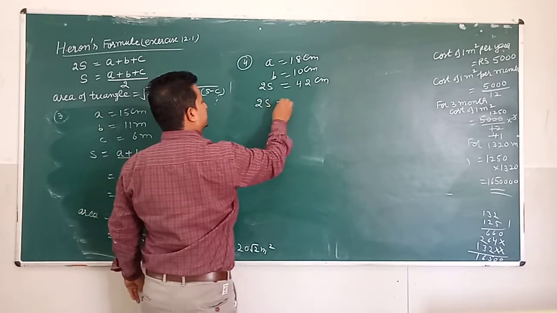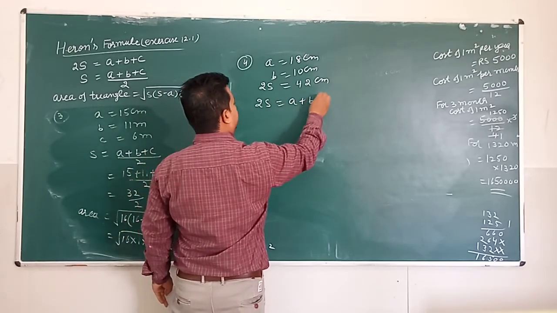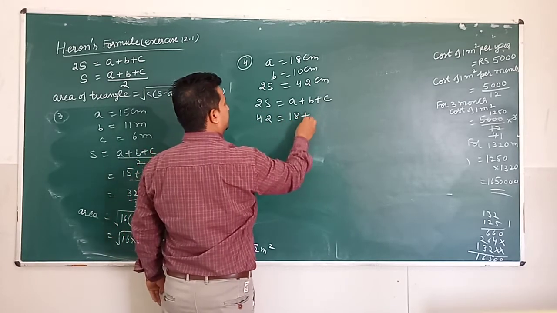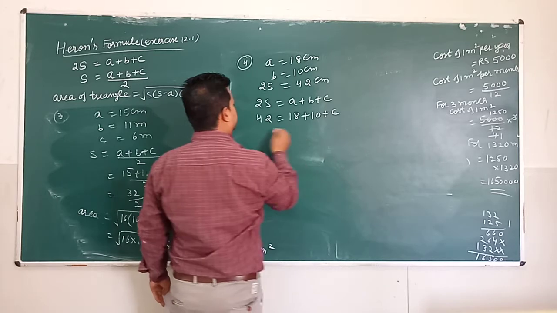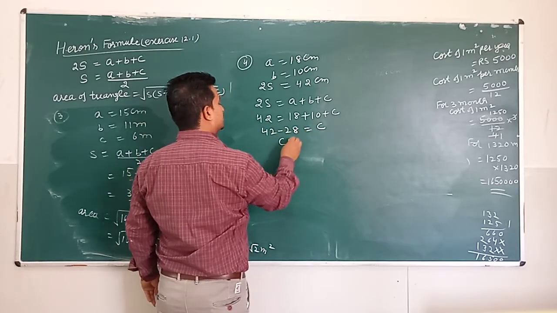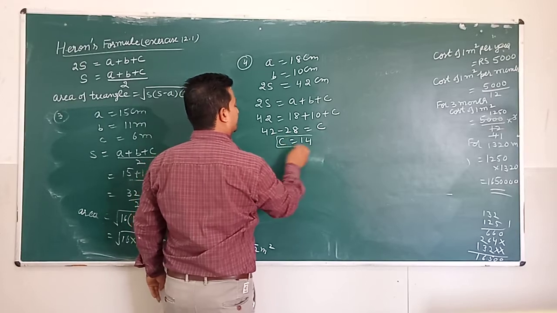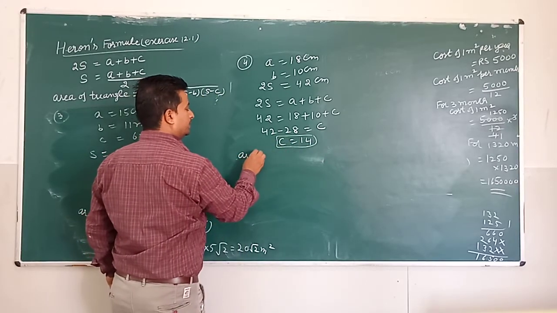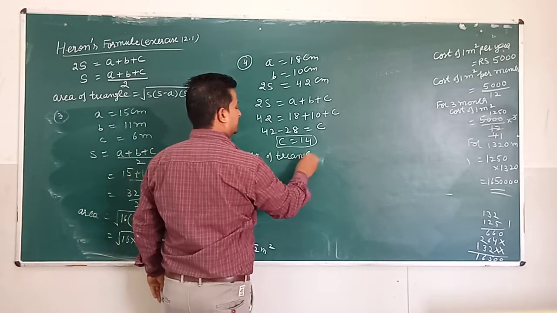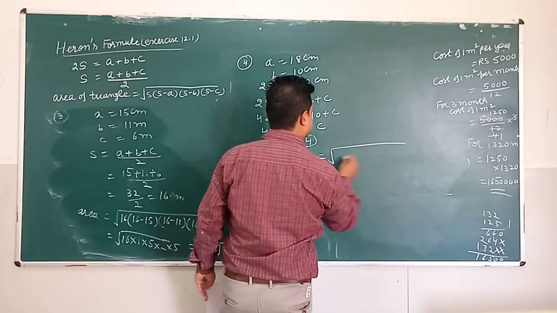So 2s equals A plus B plus C. This is 42. A is 18 plus 10 plus C. So 42 minus 28 equals C. C is 14.